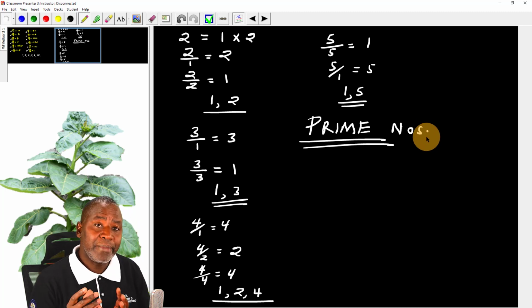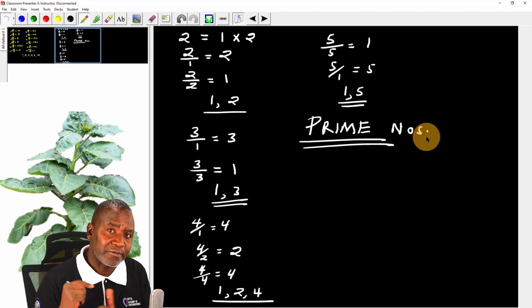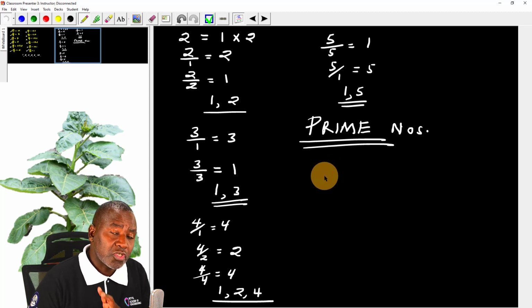So which other prime numbers do we have? Is 6 a prime number? It's not, because it's got more than 2 factors, 1 included. It's got 1, it's got 2, it's got 3, and it's got itself, 6. How about 7? 7 is a prime number because it's got only two factors, 1 and 7.